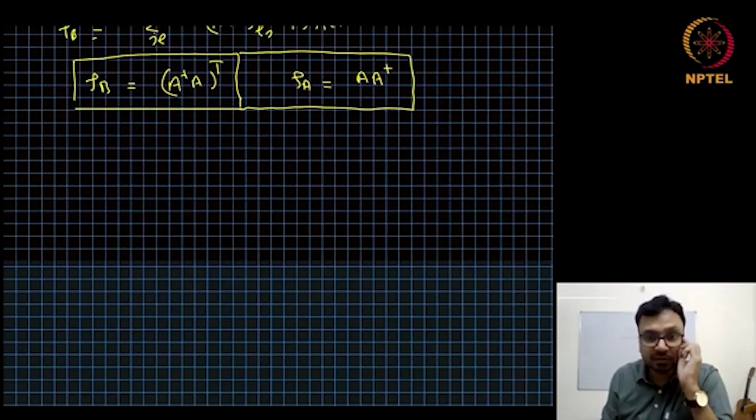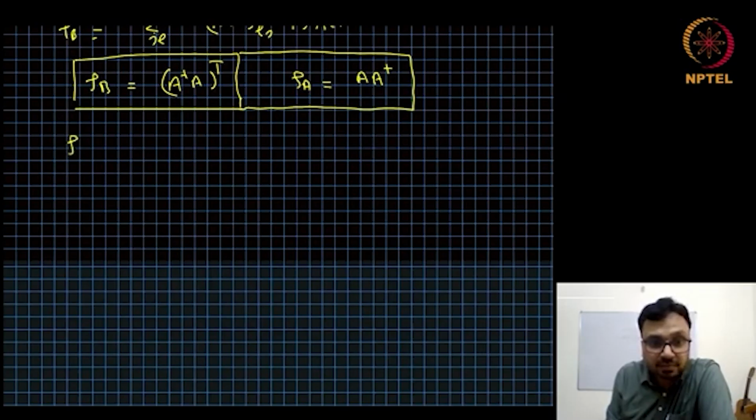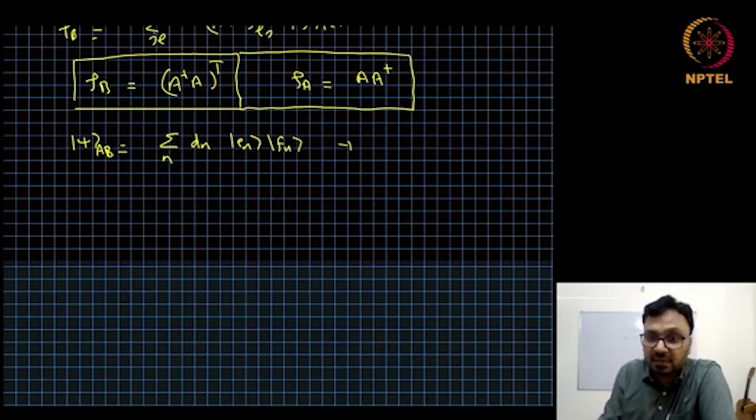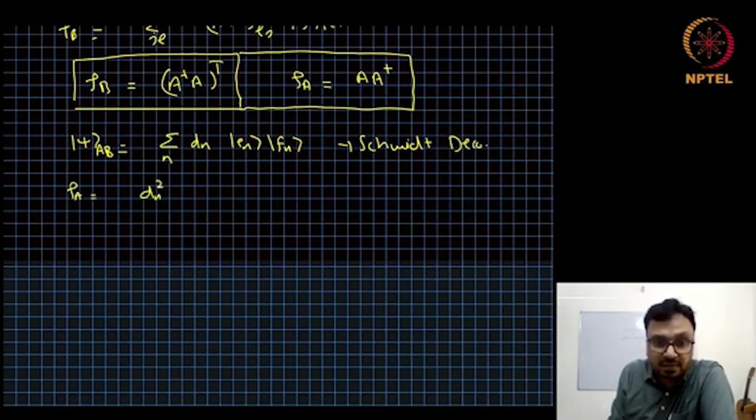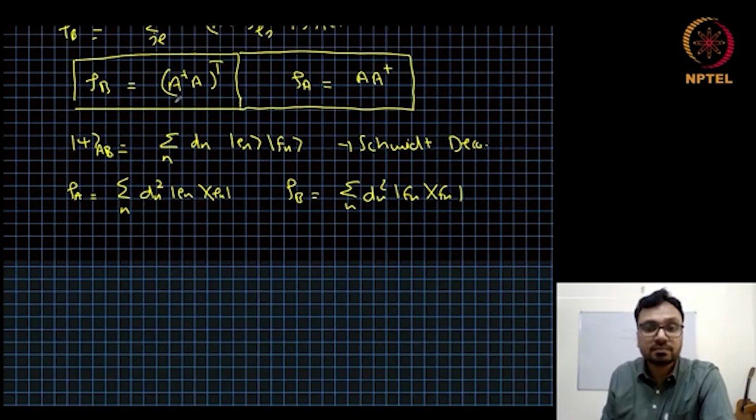Why have we started this? Because if we have psi AB, which is the sum over n of d_n e_n f_n, that is the Schmidt decomposition, then rho A will be the sum of d_n squared times e_n, and rho B will be the sum of d_n squared times f_n.